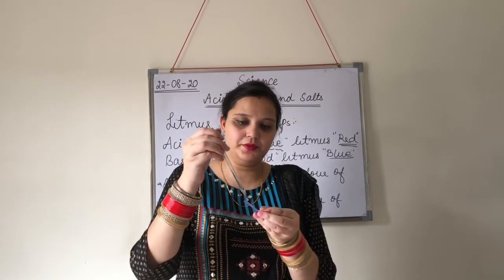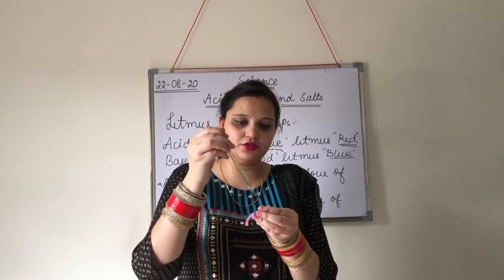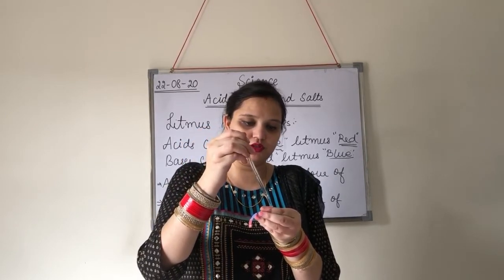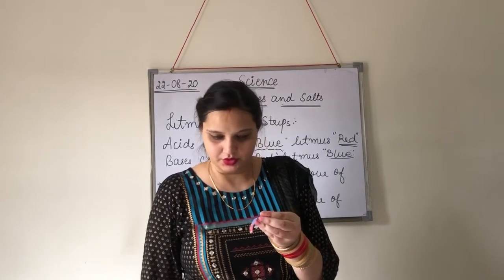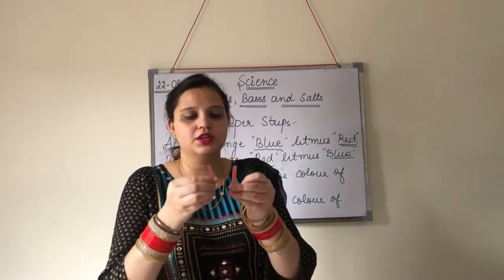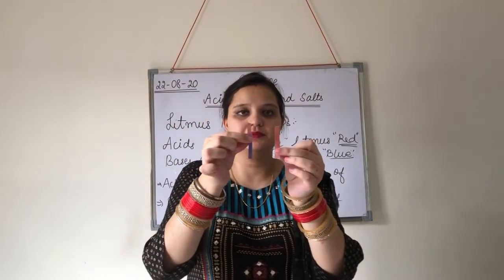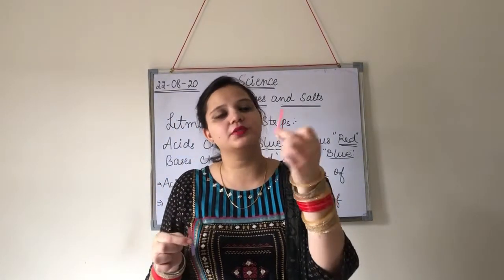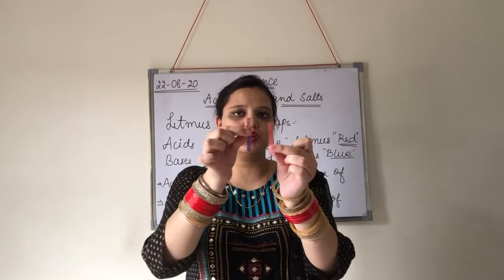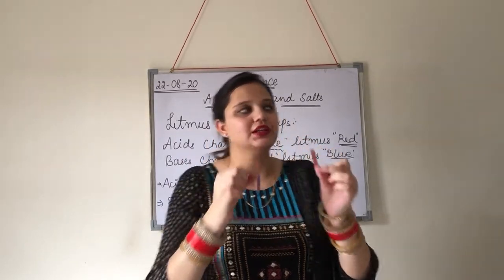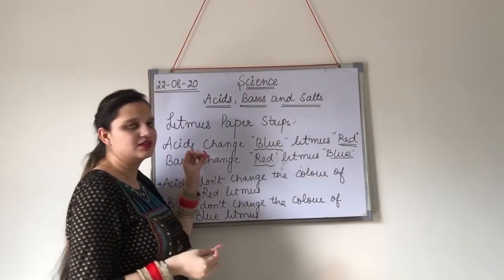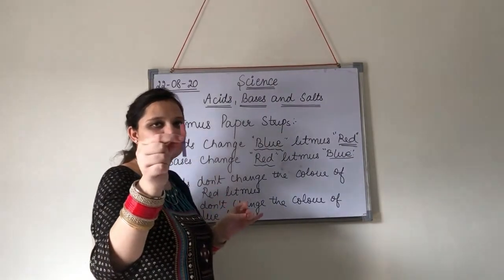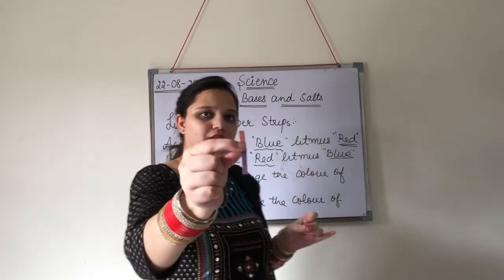Let's pour a drop of this solution on one strip and on the other strip. Clearly you can see the changes. The blue litmus has changed into red color and red litmus is unchanged. So what this specifies is that the given substance is acidic in nature because the blue litmus has changed its color into red.